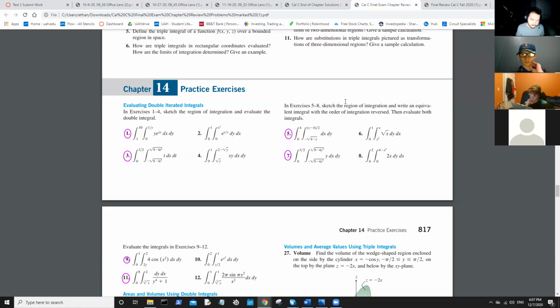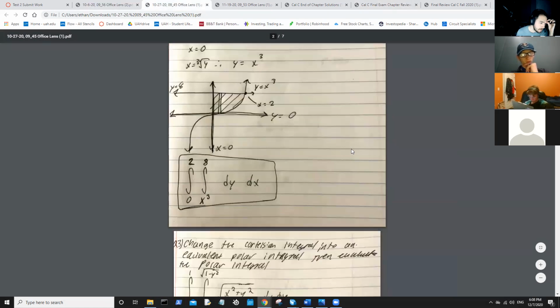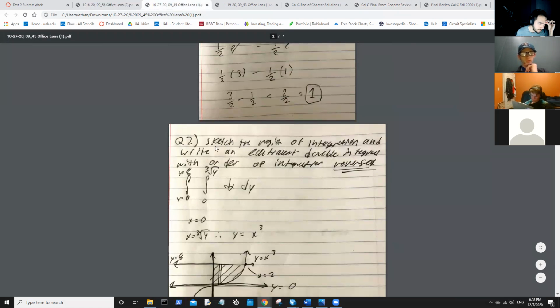So I'm not going to show my doodle because it's garbage, but that's what that looks like. Knowing that, we have to now reorder the order of integration. I used to know how to do this extremely well, and now I forget, so I have to look back at something. And write an equivalent double integral with the order of integration reversed.